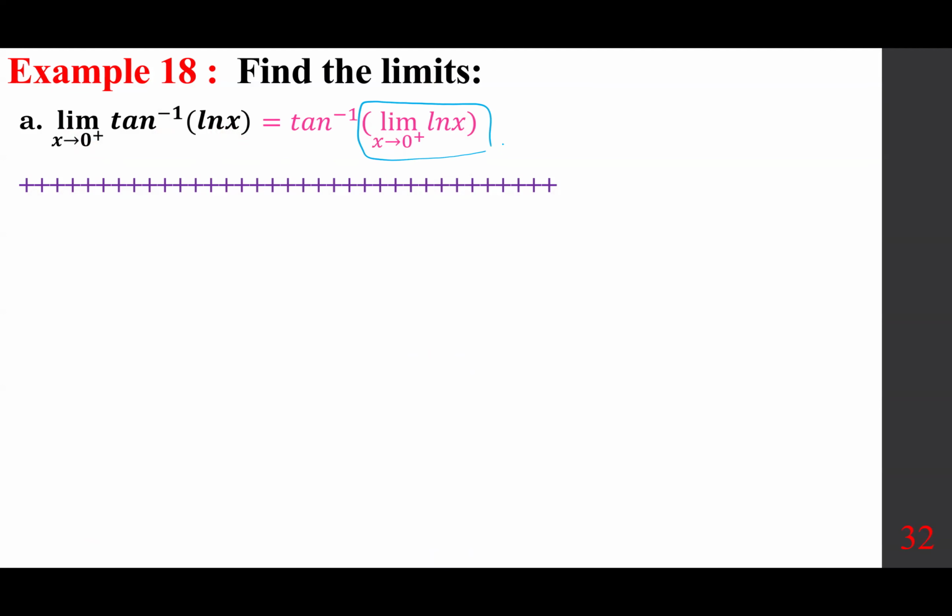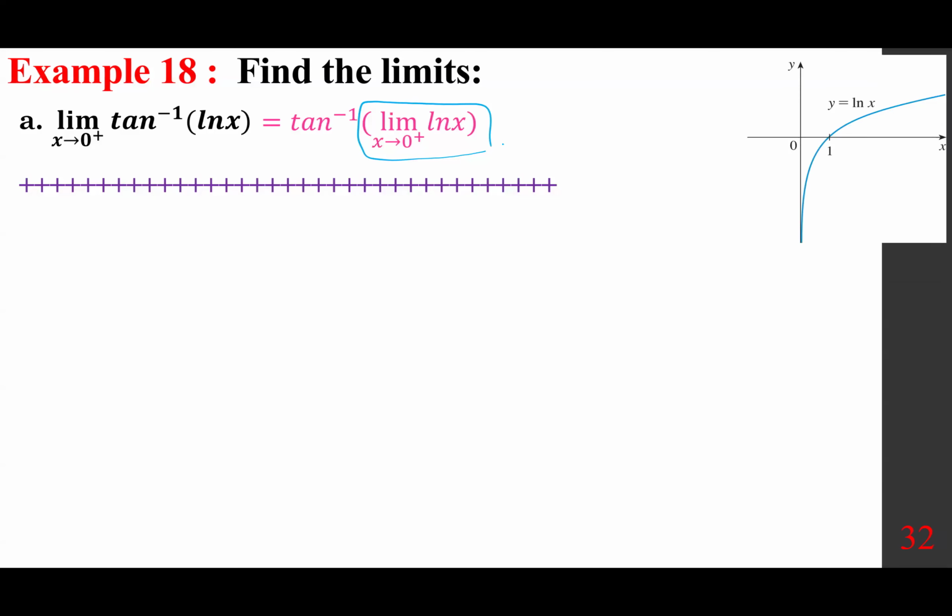You should know this is negative infinity because you should know the graph. If you look at the graph, and again, we've discussed that already, as x approaches 0 from the right, it goes down. That's the concept of a vertical asymptote. So it goes down to negative infinity. So this is negative infinity.